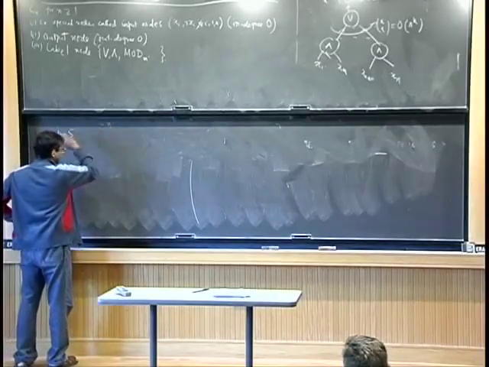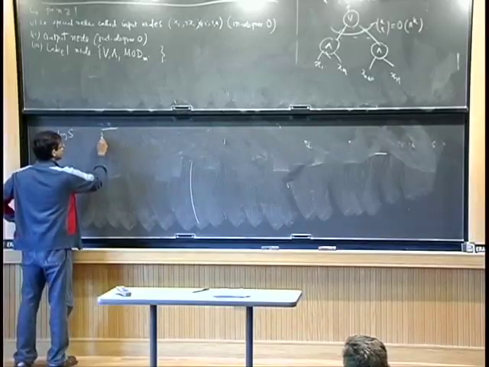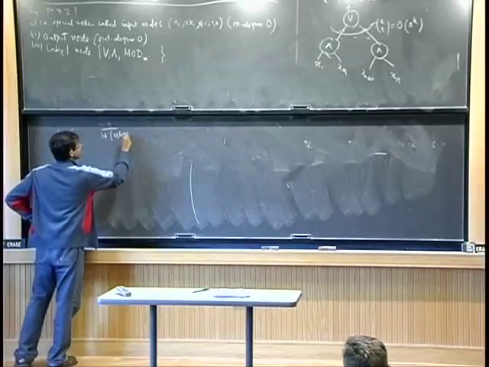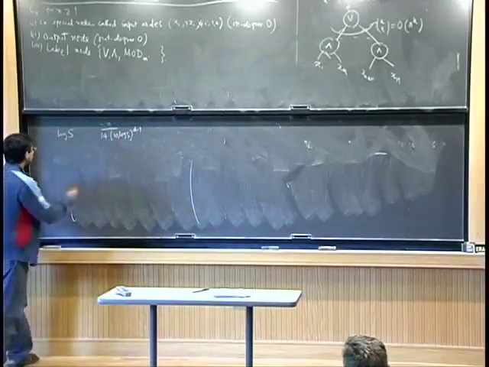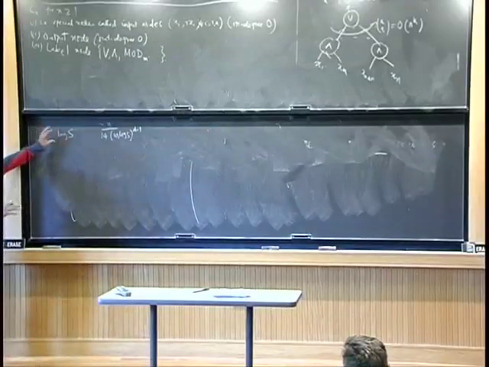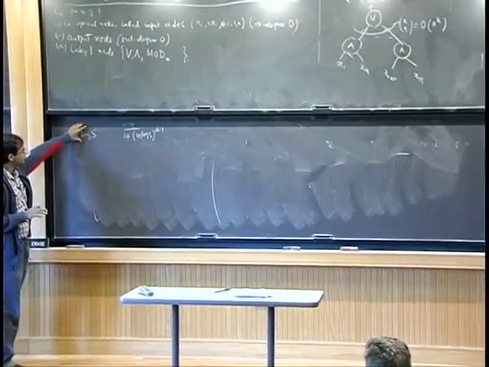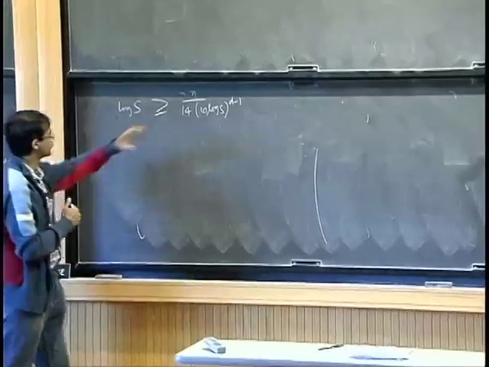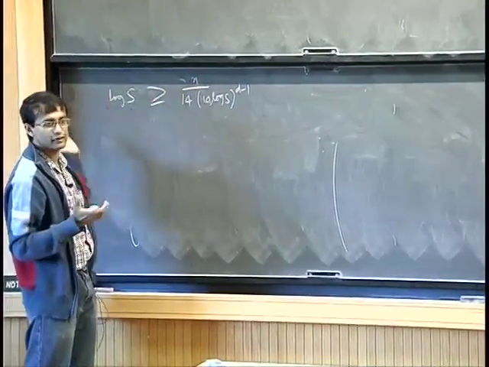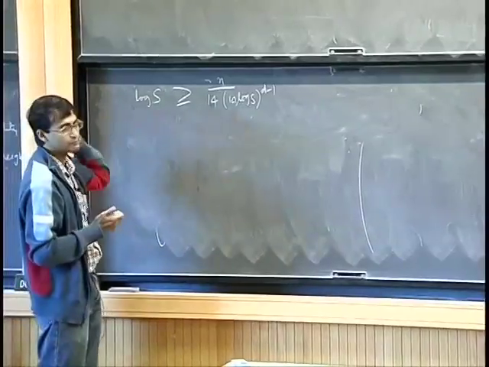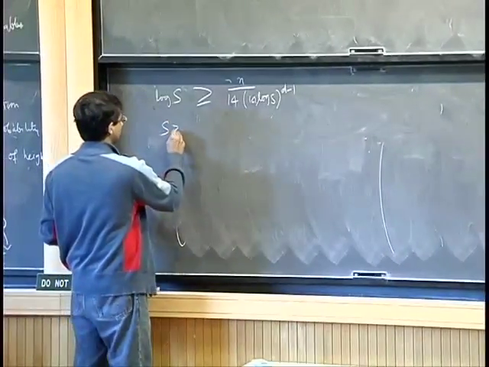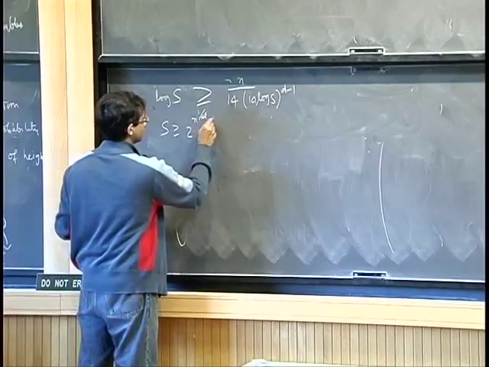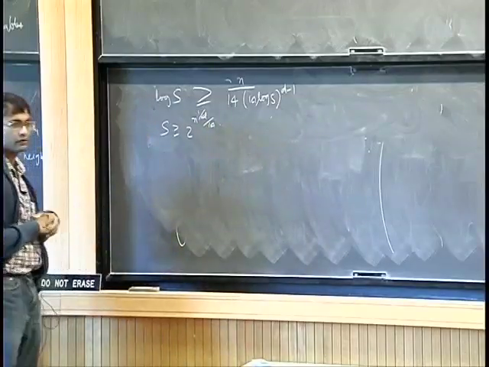Well, first I decrease by 14, and then by 14 log of s raised to the d minus 1. If I set these variables to something, then the circuit gets fixed, right? So this better be greater than or equal to the number of free variables that remain. Otherwise, I cannot compute a function like parity, right? And that gives the bound for parity, which is something like this.